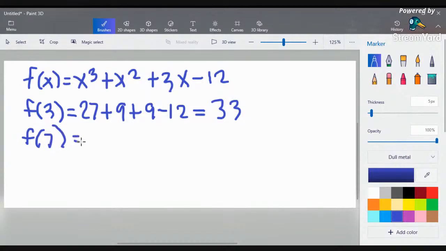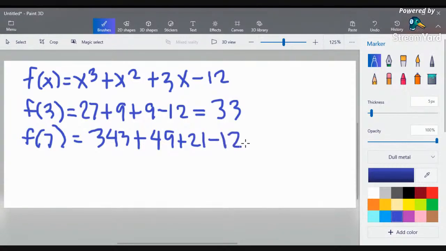Next is f of 7. So substitute 7 in the equation. We have 7 times 7 times 7, that is 343, plus 7 squared, which is 49, plus 3 times 7, which is 21, minus 12.